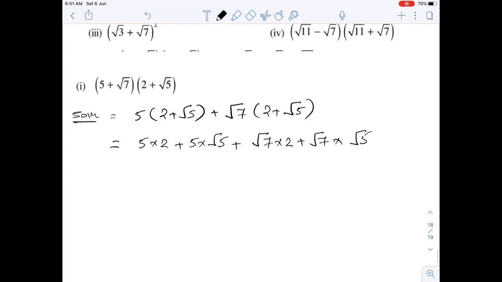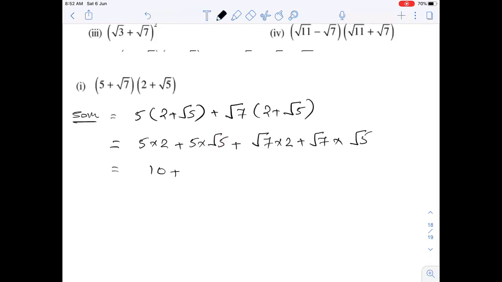Now 5 twos are 10, plus 5 is a rational number and √5 is an irrational number, so we cannot make any changes, as we have learned that multiplication of a rational with an irrational is always irrational.